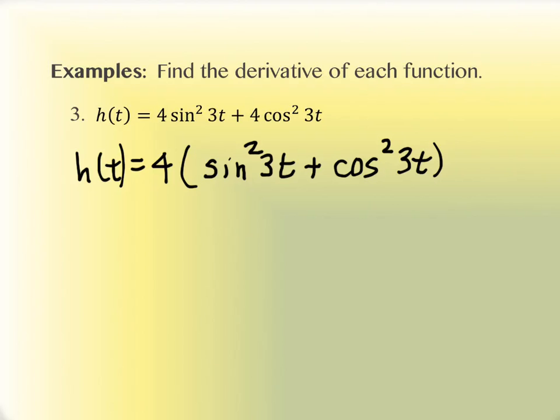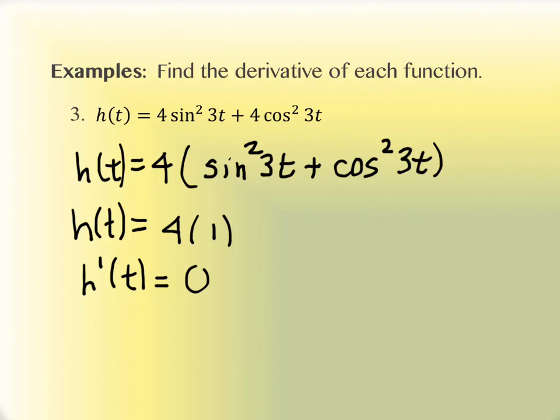The sine squared of something plus the cosine squared of something equals 1. So this is 4 times 1. That's the original function. We haven't done any calculus yet at all. That was trig. What's the derivative? Big fat nothing, right? 0.